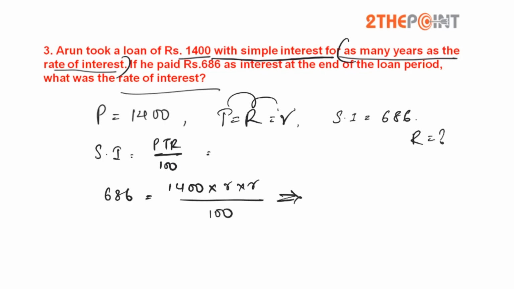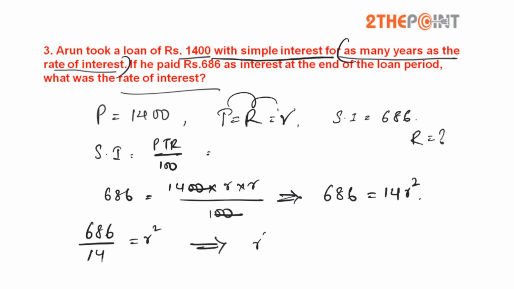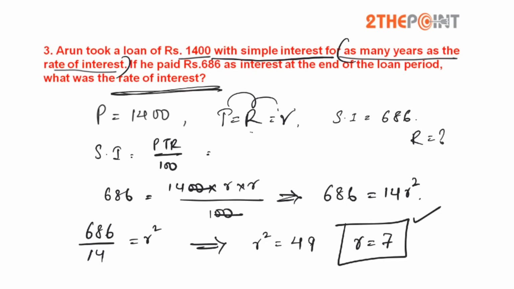We are finding for R square. 686, zeros get cancelled, which is equals to 14 R square. 686 by 14 is equals to R square, that is R square is equals to 49 and R is equals to 7. Here we know that T is equals to R, that is time period is equals to rate of interest. They have asked for rate of interest. So here R is 7%. If they have asked for number of years, then it becomes 7 years.